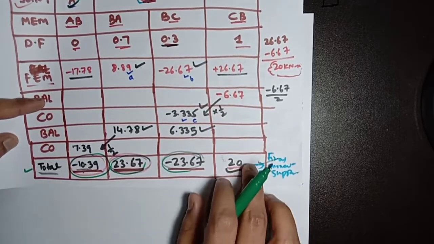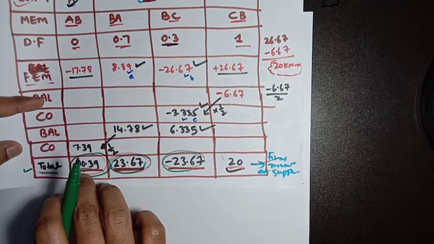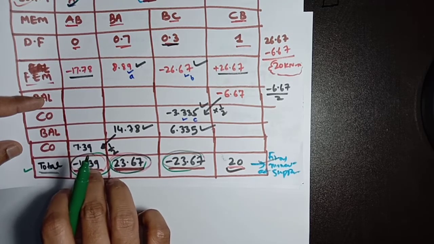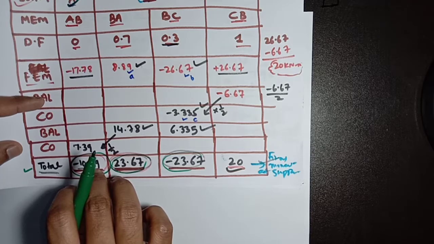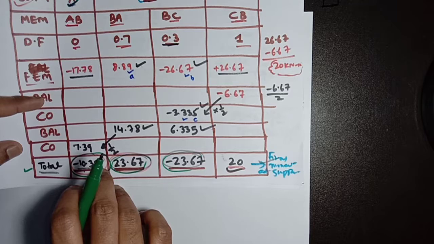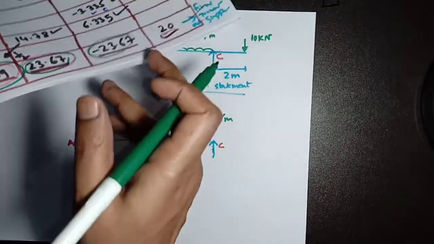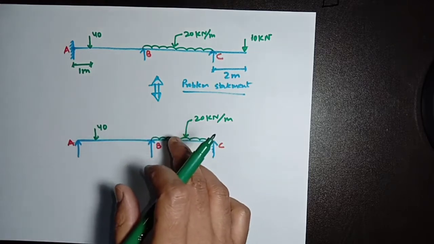So at A we have a final moment of minus 10.39. It means it is a moment in the anticlockwise direction, as we have assumed anticlockwise moment is negative. I have explained this to you in part 1 of the same lecture.